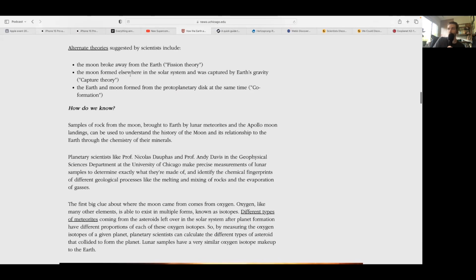Another one is the moon formed elsewhere in the solar system and was captured by Earth's gravity. So in this case, there is no collision, which creates a breaking up of these two bodies where one body kind of sucks up most of the mass and then the other one just kind of goes out into a close orbit and orbits around that thing.